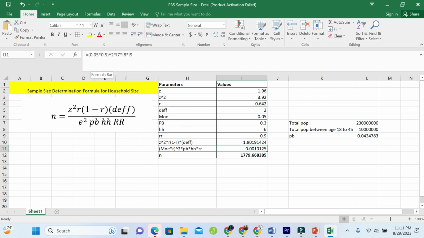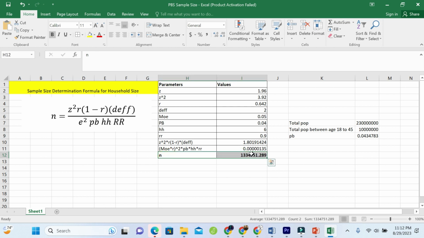Margin of error 0.05 into 0.05, which is the square of the margin of error, and the PB is 0.04. So here we're going to add the PB value, which we missed here. So now this is the population, this is the sample size.